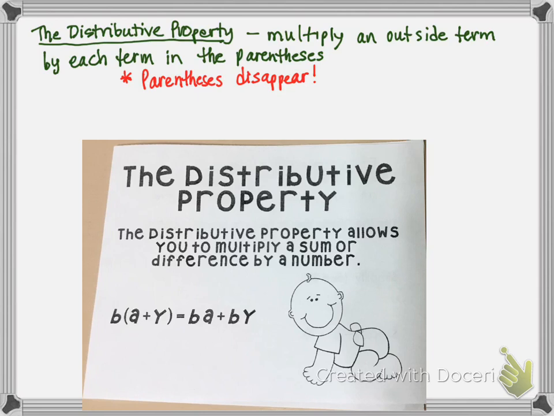So to do order of operations would be impossible unless somebody told us what the variable equaled. So let's say we had 3 times x plus 15. I can't do x plus 15. So the only thing I could do is the distributive property and multiply that 3 by the x and multiply 3 by the 15. The parentheses are gone. It's the only math that I can do.